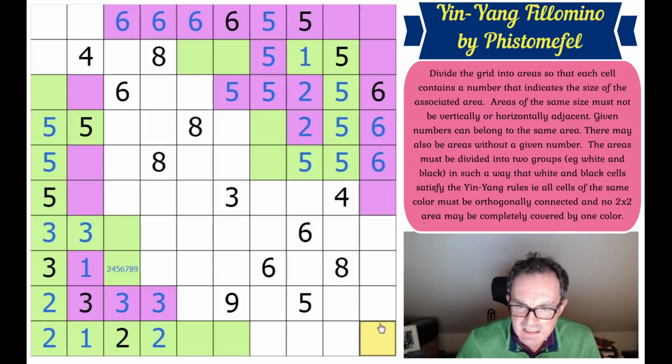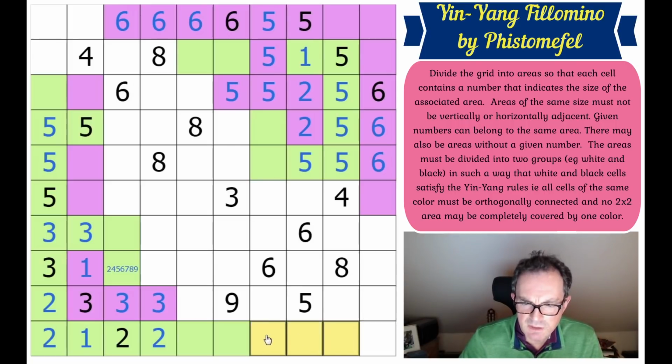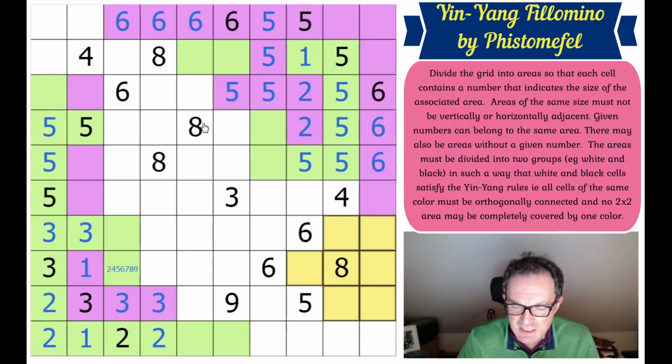Yeah, in fact, doesn't the 8 have to take this cell? If this cell is not part of the 8, it would have to come... So the 8 couldn't block the 5 in, so whatever this cell was would come along here, and the 8 would have to take those... Oh no, that's only 7. That doesn't even work. I think these two cells are part of the 8. But I'm not exactly sure I know what that means.